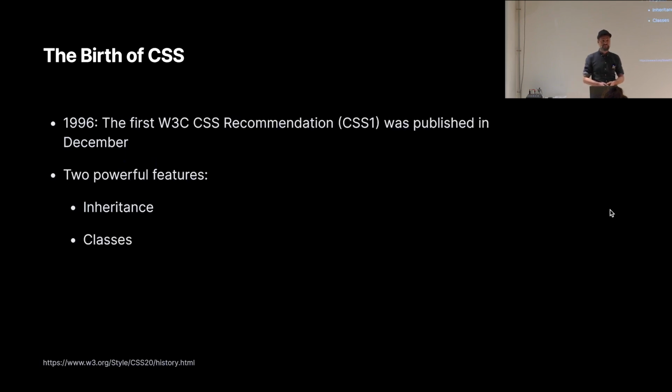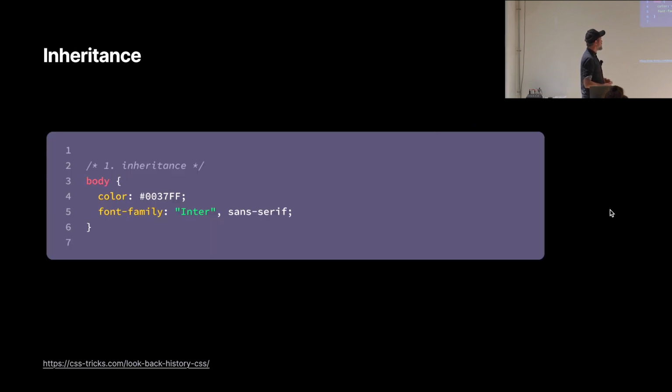In 1996, we got the gift of CSS. And CSS came with two really powerful features, inheritance and classes. There were more features, but those are the really interesting ones with regard to this talk. You might be familiar with the concept, but I think inheritance is really powerful. I can declare my styles, for example, on the body tag, and all child elements will inherit the color and the font family.